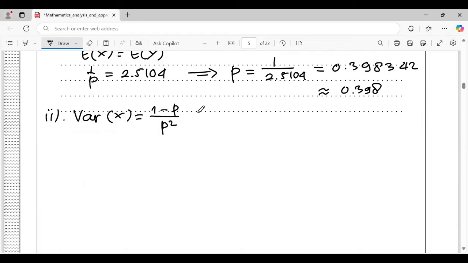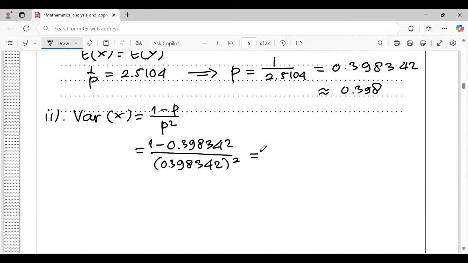So it becomes 1 minus 0.39842 over 0.39842 squared.